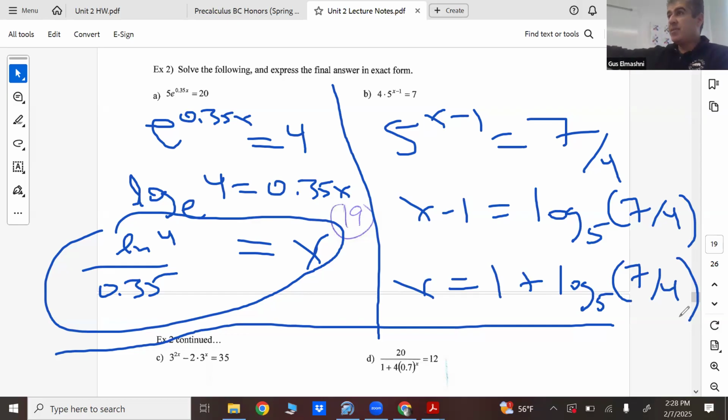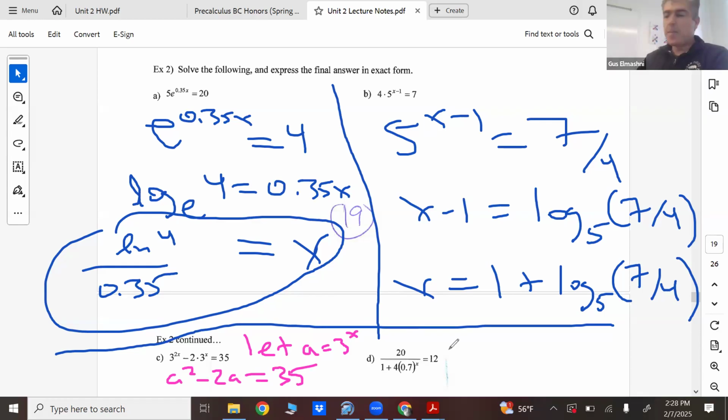You guys remember I showed you something kind of like C as a hint? Let A, or any letter you want, equal 3 to the x. Therefore, you can have A squared minus 2A equals 35. Treat that like a quadratic. And for D, I'll just do it, see what happens.